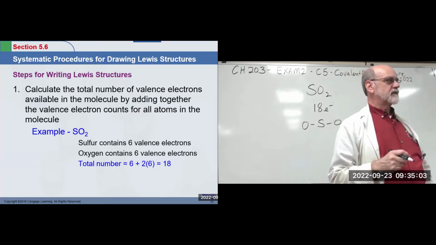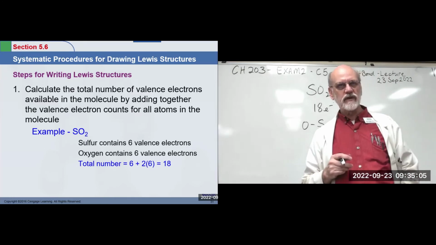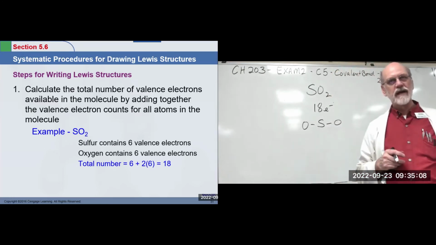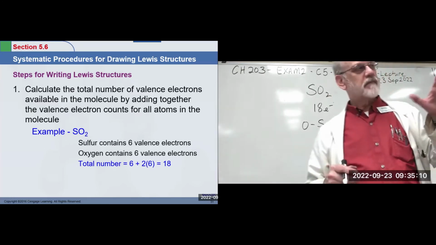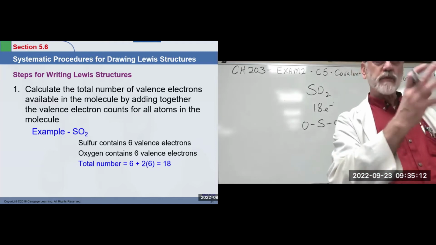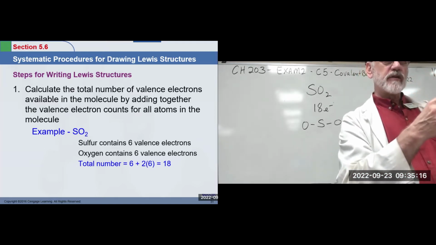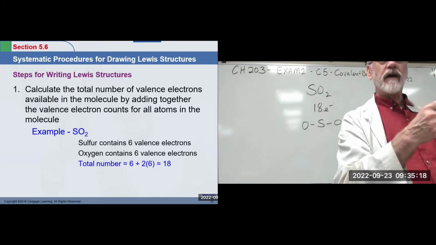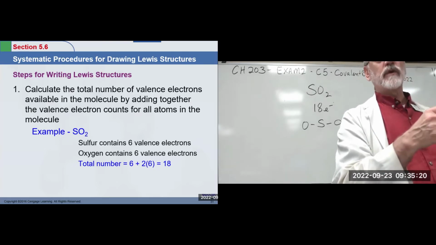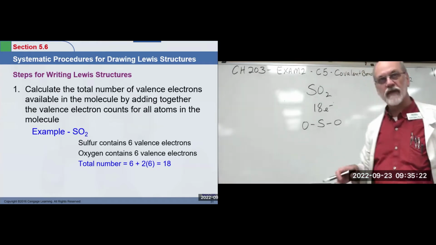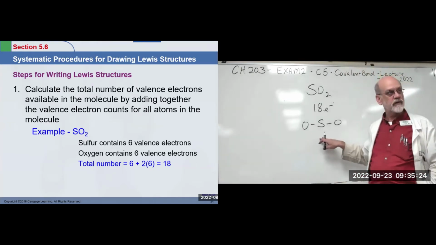Generally speaking, the more electronegative goes in the middle. And what I mean by that is, if you've got a choice between two, and one of them is below and or to the left of the other one, that's the one that goes in the middle. And that's the case here. Sulfur goes in the middle.